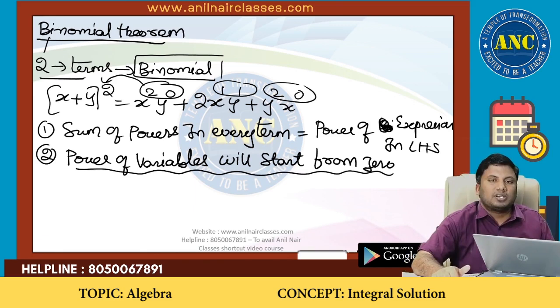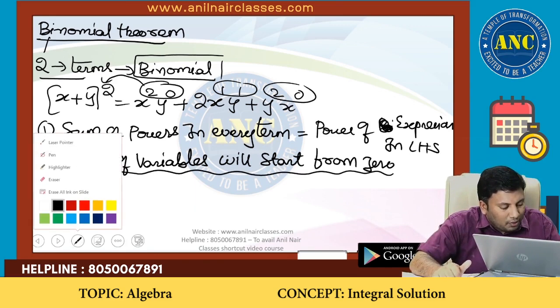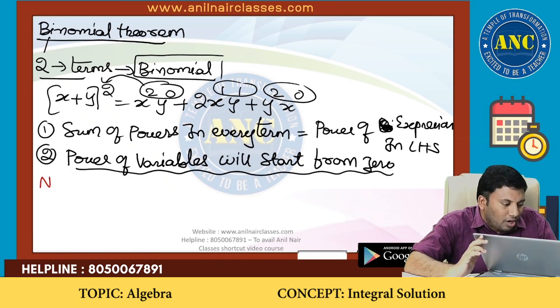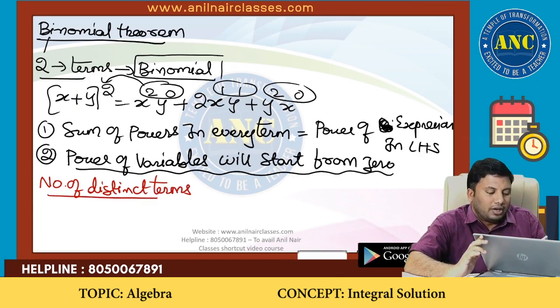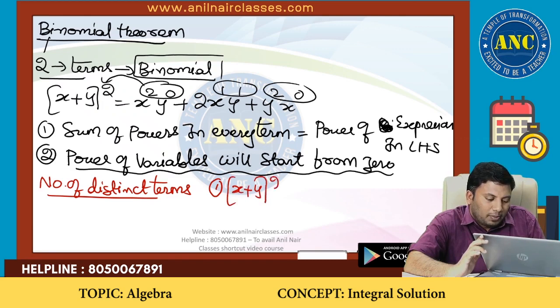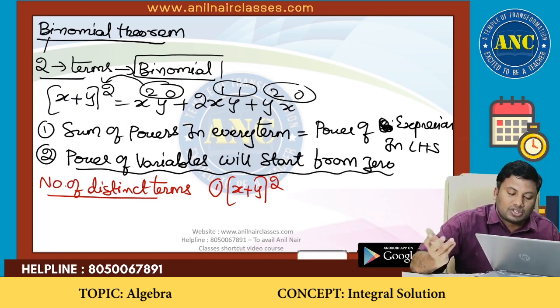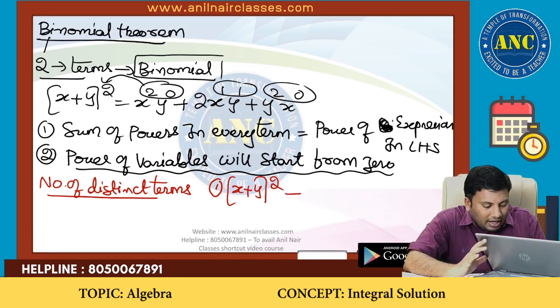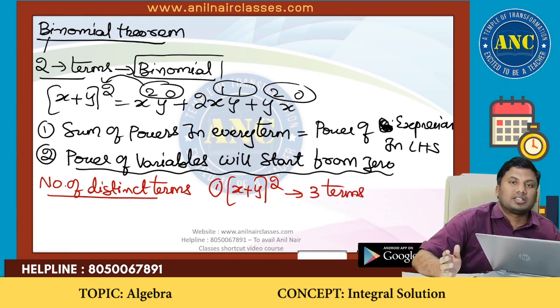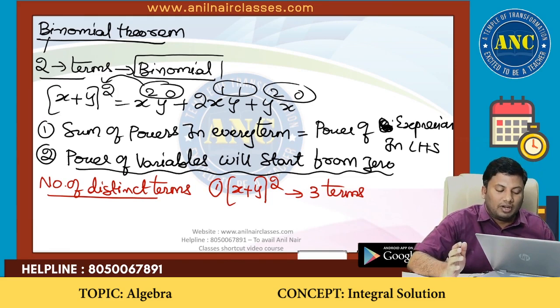Suppose, for example, I want the number of distinct terms for (x plus y) power 2. (x plus y) whole square is nothing but x square plus 2xy plus y square. I got 3 terms, but as the number of variables increases, finding the number of terms will be difficult.